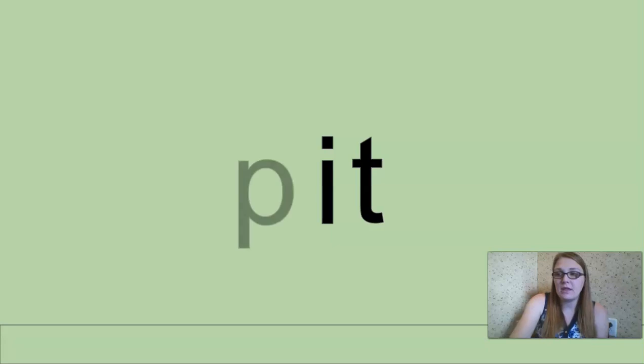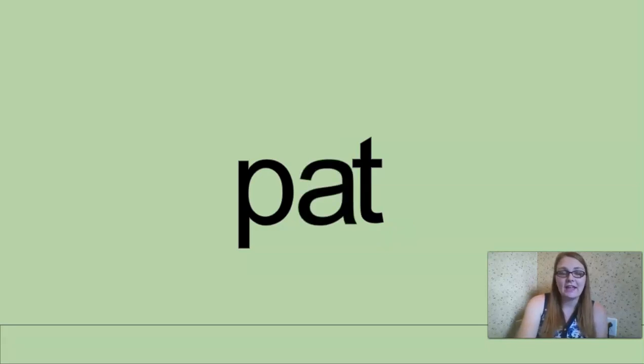Taking off the B, we're going to add in a P. Let's sound it out. P, I, T. Pit. Good job. Now we're taking away the I and adding in an A. P, at. Pat.